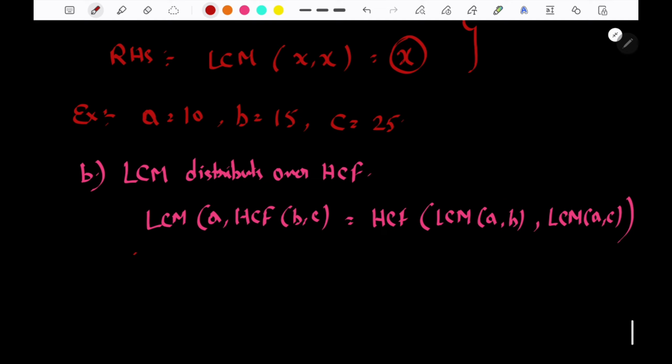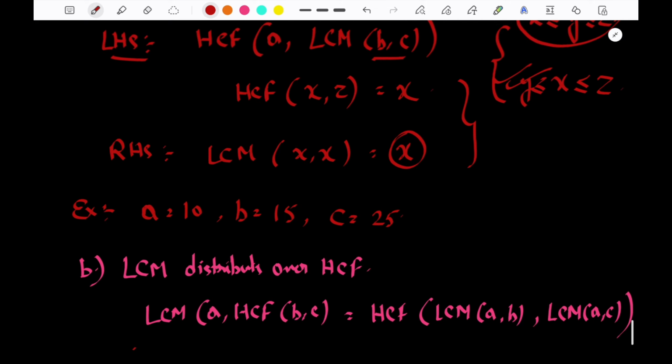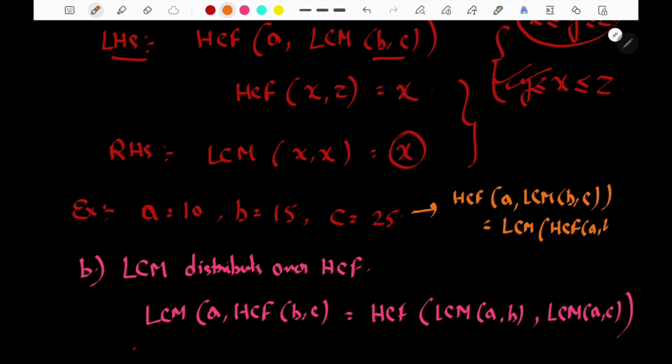A is equal to 10, B is equal to 15, C is equal to 25. For the first part, we are required to find HCF of A comma LCM of B comma C, which we said is equal to LCM of HCF of A comma B and HCF of A comma C. So HCF of 10 and LCM of 15 and 25.